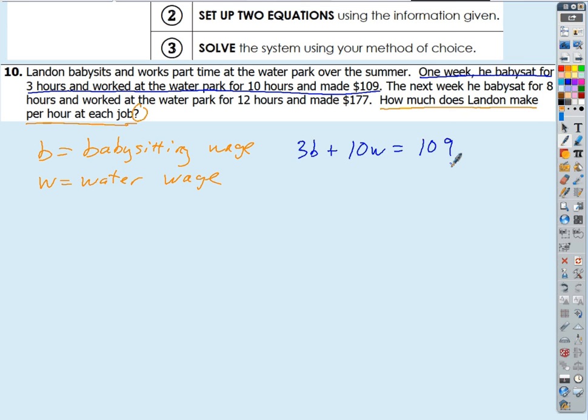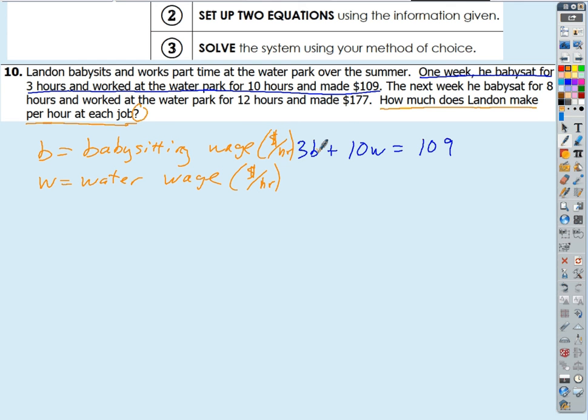If I'm calculating a babysitting wage, think what a babysitting wage is going to be. It's going to be in dollars per hour. The units for water wage are also dollars per hour. So 3 hours times B dollars per hour tells us dollars.